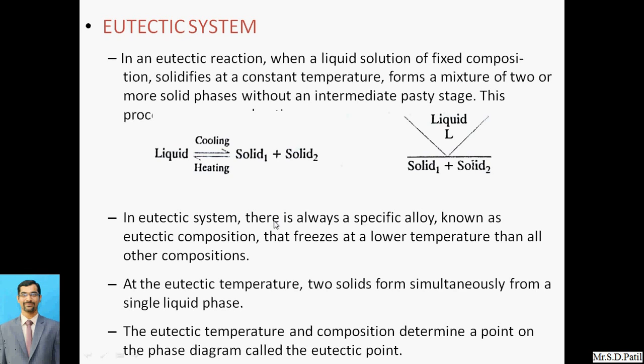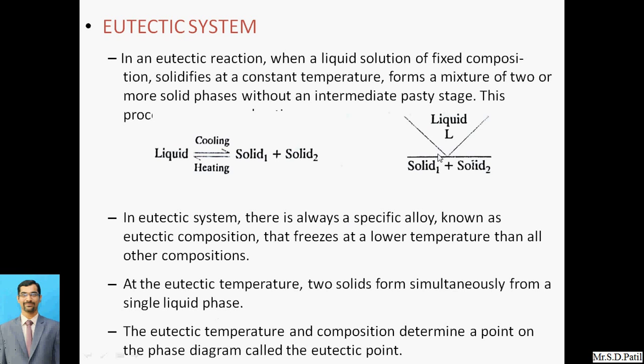In the eutectic system, there is always a specific alloy known as the eutectic composition that freezes at a lower temperature than all other compositions. So at the eutectic temperature, two solids form simultaneously from a single liquid phase.